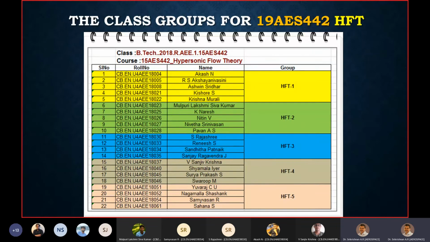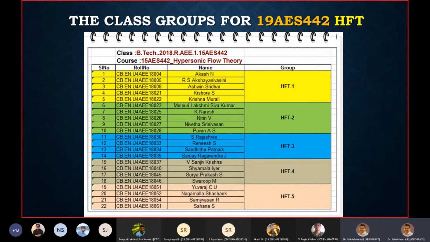Discussions could be questions, clarifications that you seek, clarifications or corrections that you provide, or suggestions that you have. And obviously, when we have team or group assignments, I'll follow this pattern. Group 1 I just named HFT1, for hypersonic flow theory, then HFT2, 3, 4, 5, etc.